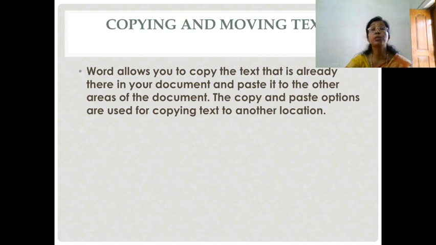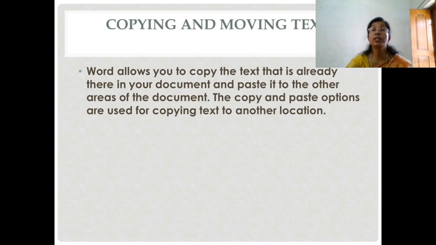Microsoft Word allows you to copy the text that is already there in your document and paste it in other areas of the document. Or maybe you can paste it in another document. The copy and paste options are used for copying text to another location.